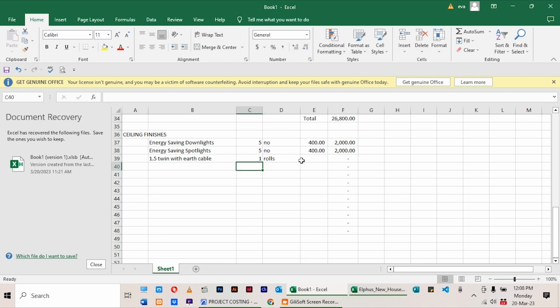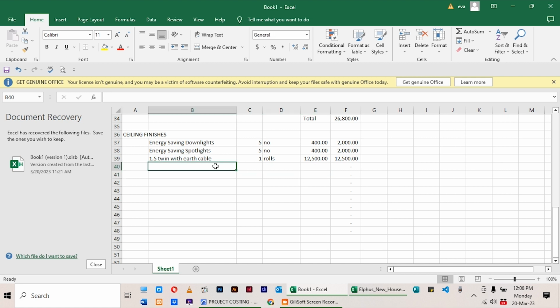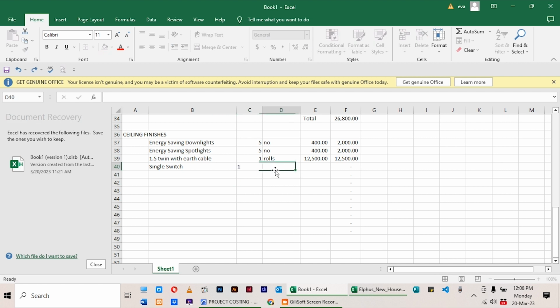One would do, although you have some remaining for other projects. And the current price per cable per roll has gone to 12,500. We need a switch, single switch, one number, and that's 400.